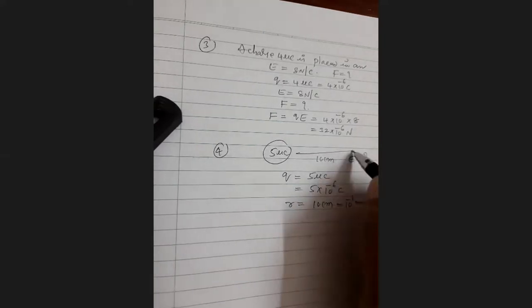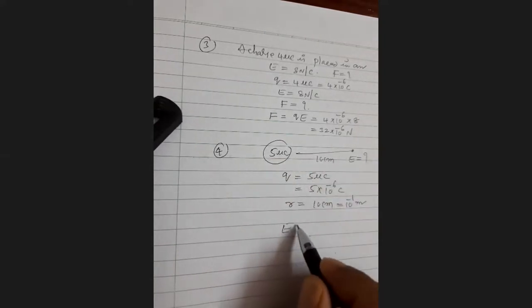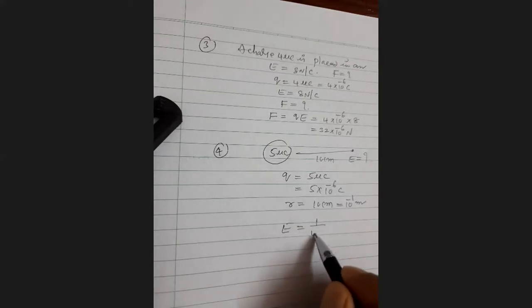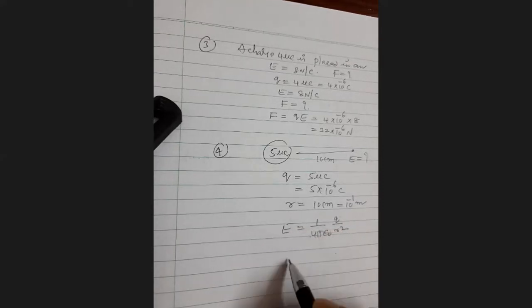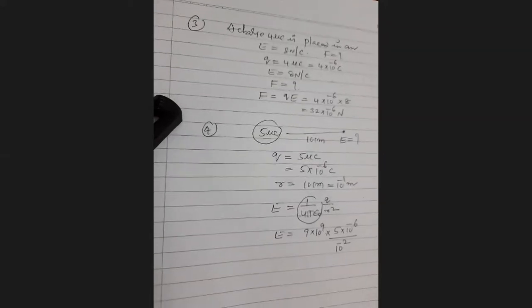Now, what is the field strength at the distance 10 centimeter from it? Due to the point charge, what is the field strength formula? 1 by 4 pi epsilon naught Q by R square, with 1 by 4 pi epsilon naught value 9 into 10 power 9. Charge 5 into 10 power minus 6 by R square, (10 power minus 1) whole square, that is 10 power minus 2.